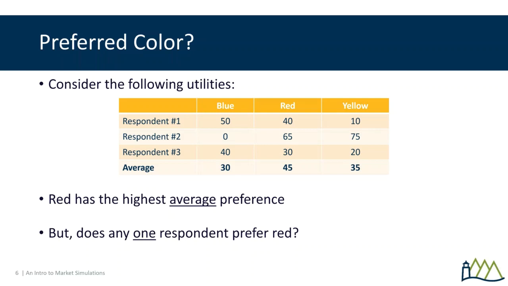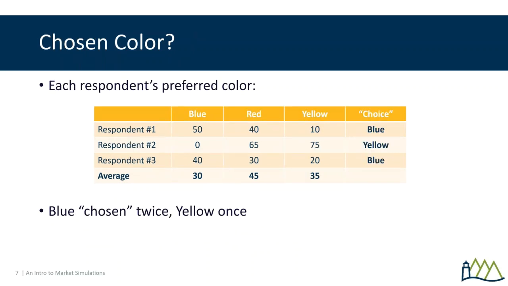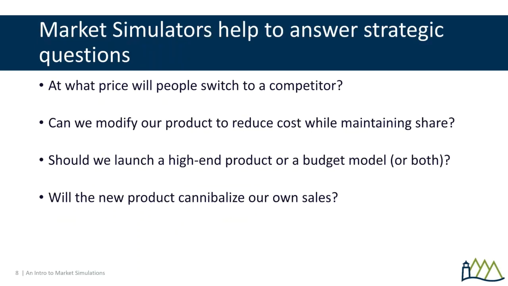But does any one respondent actually prefer red? No, right? Respondent 1 actually has the highest utility for blue, respondent 2 the highest utility for yellow, and respondent 3 the highest utility for blue. So there's these polarizing colors, half of the group that likes blue and the other half of the group that likes yellow, that makes us come to this wrong conclusion, essentially, if we were to only look at the averages.